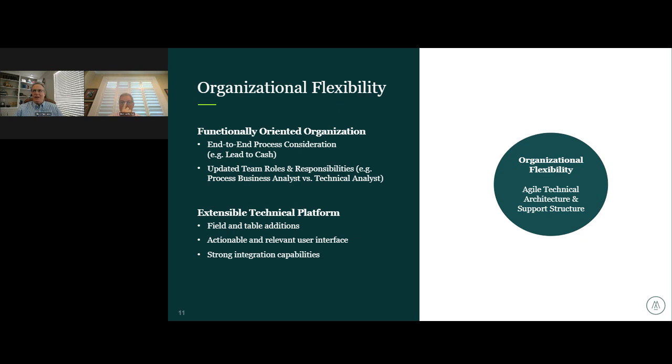On the procurement side, you could consider it source to settle. But essentially, when you are looking at your strategy and you're designing your systems, someone has to own lead to cash. And what that means is that when you're looking at your team and your responsibilities, there needs to be a process owner for that particular process.